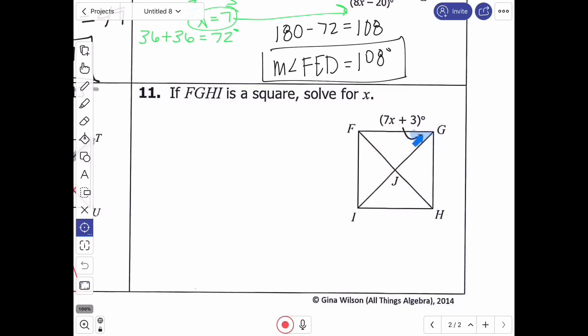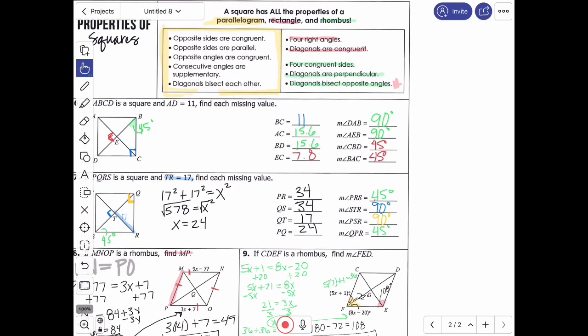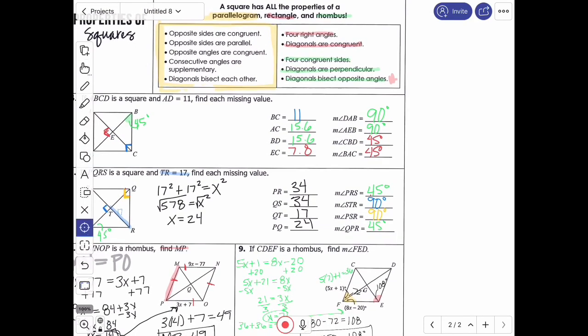This angle of the square is a right angle, and then this diagonal is bisecting that right angle, making it 45 degrees. So the property that you would use technically in this problem is that diagonals are bisecting opposite angles, and there are 4 right angles.